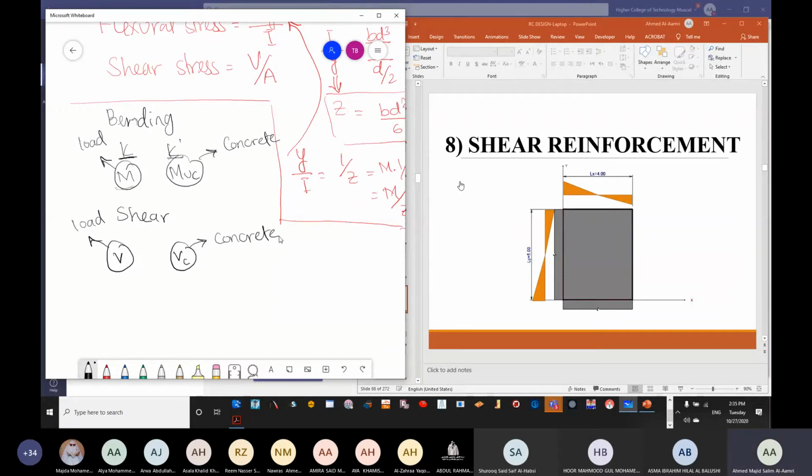Now, if your shear stress of the load is smaller than the capacity of the concrete, then you don't require reinforcement. If your V is more than VC, then at that time you require links and shear reinforcement. Are we clear? Are we fine?